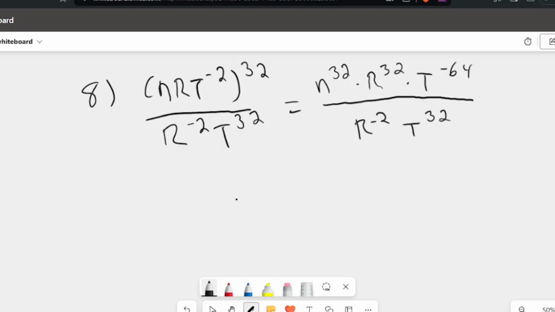Now what we want to do here is move that to the basement. This is the way it goes. So n to the 32, r to the 32, to the basement, so r to the 2, t to the 32, t to the 64.